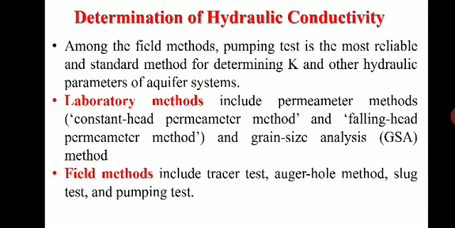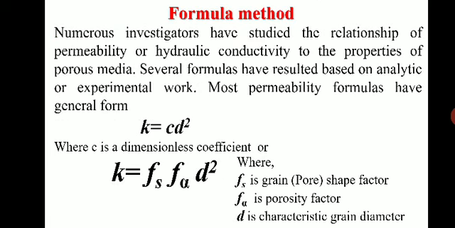In a well, if you want to find out the hydraulic conductivity, you have to select a specific well and do the testing on that. These are the field methods applied to determine the hydraulic conductivity of the aquifer. Now let us discuss all the methods one by one.